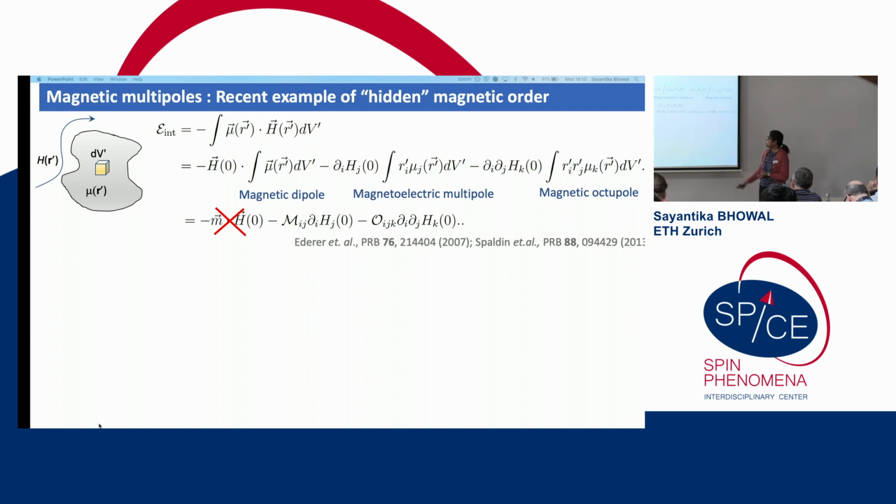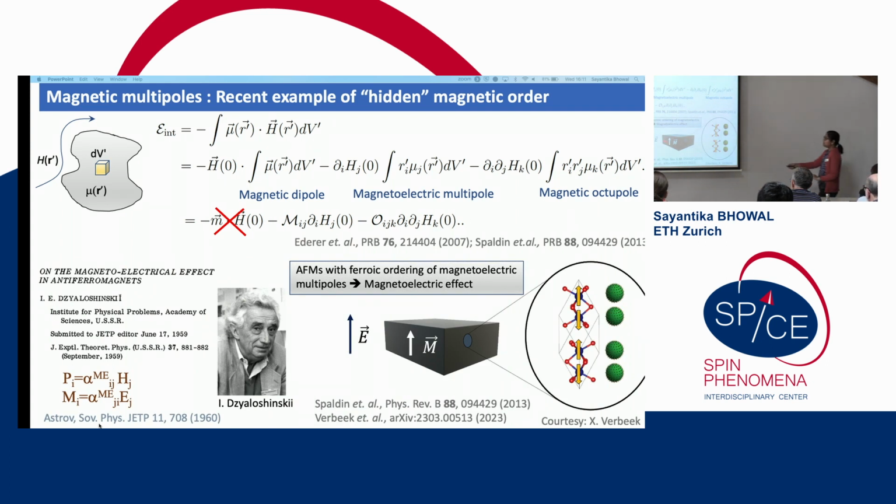Indeed, antiferromagnets, which break both inversion and time reversal symmetries, are proposed to exhibit a linear magnetoelectric effect, which describes the generation of electric polarization due to an applied magnetic field and vice versa.